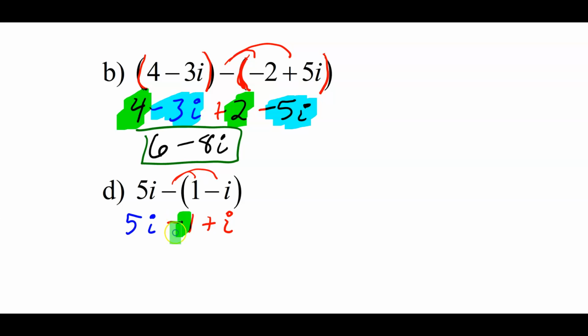So the real part happens to be negative 1. And there's only one real value, one regular number, so negative 1. And then my imaginary parts are the 5i and the i. So I combine those together. And I get plus 6i. So that's subtraction.